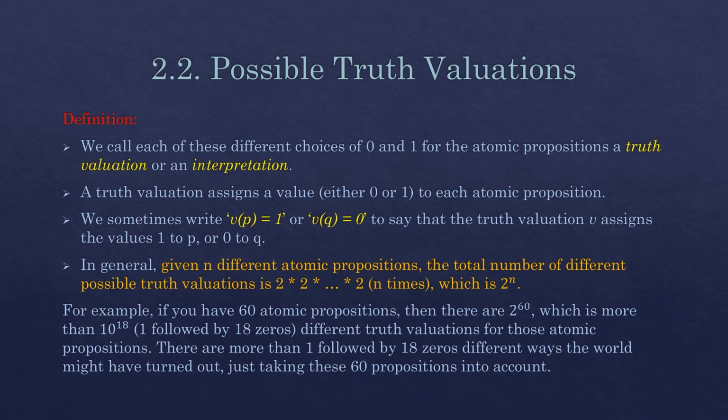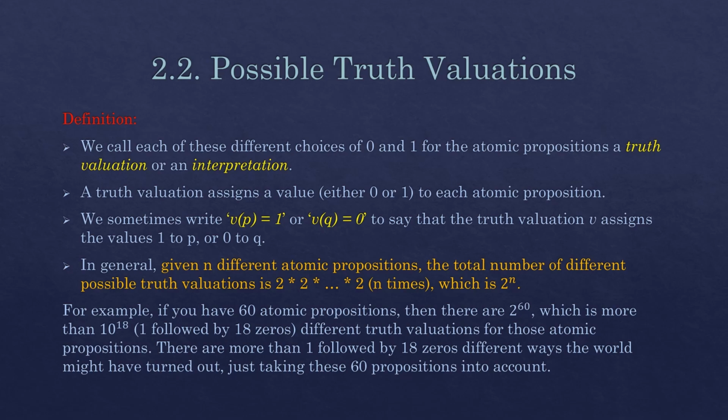And we can formulate our definition. We call each of these different choices of 0 and 1 for the atomic propositions a truth valuation or an interpretation. A truth valuation assigns a value, either 0 or 1, to each atomic proposition.